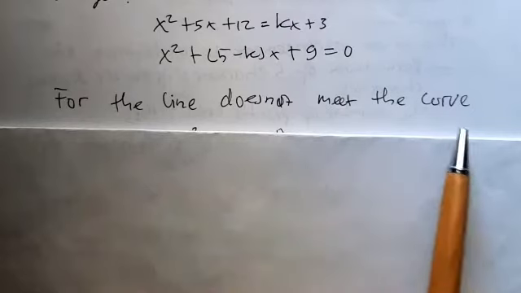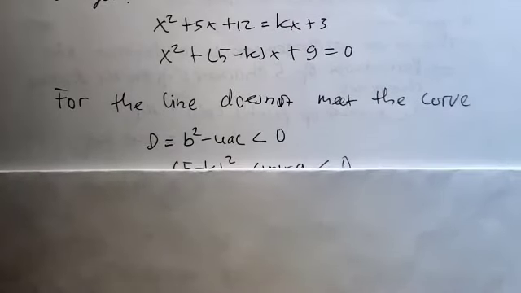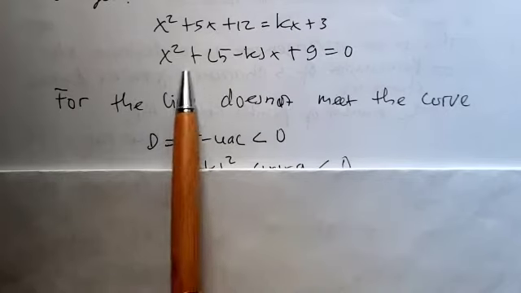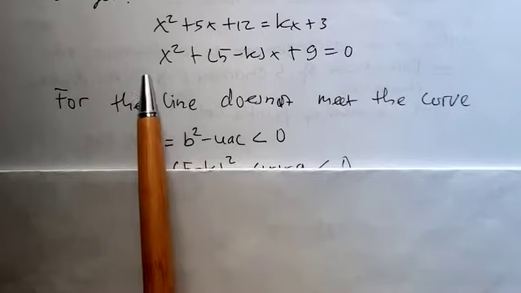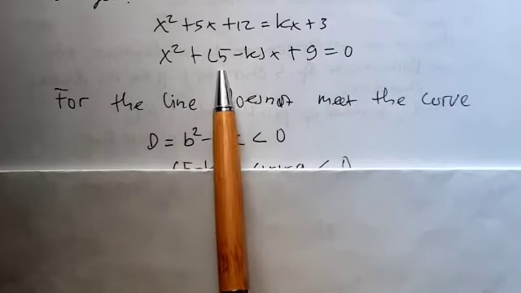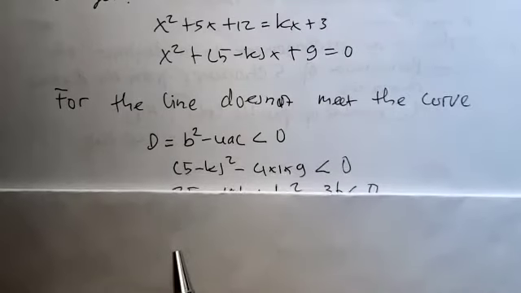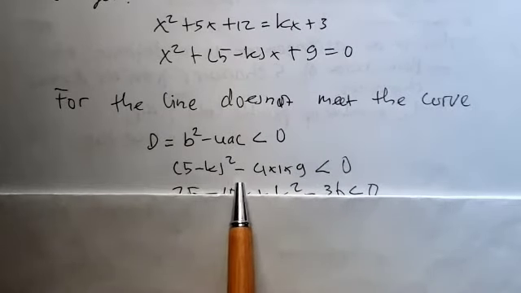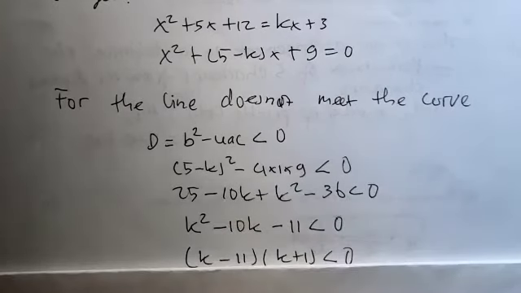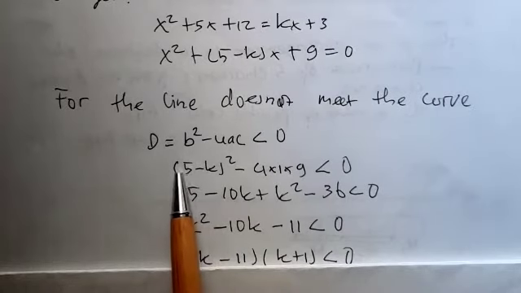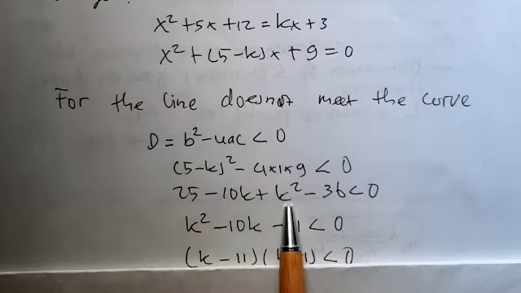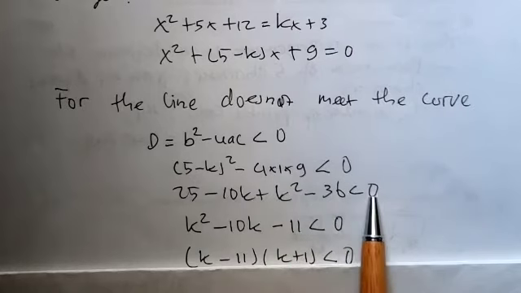For the line not to meet the curve, the discriminant of this equation, b squared minus 4ac, must be less than 0. Here a is 1, b is 5 minus k, and c is 9. Thus (5 minus k) squared minus 4 times 1 times 9 is less than 0. That is 5 squared is 25, minus 2 times 5 times k is minus 10k, plus k squared, minus 4 times 1 times 9 is 36, less than 0.